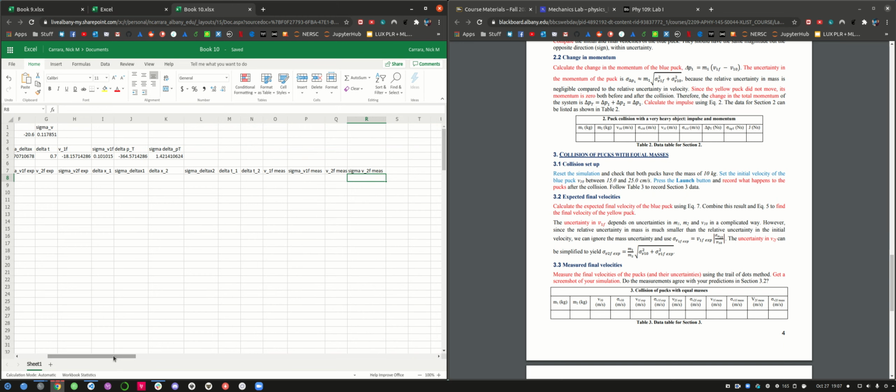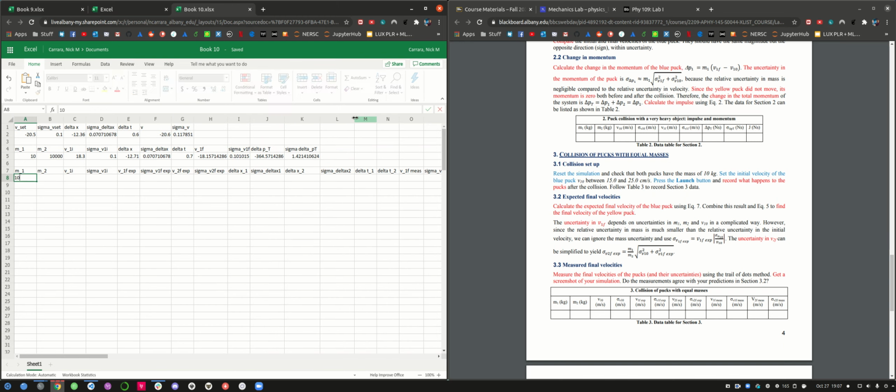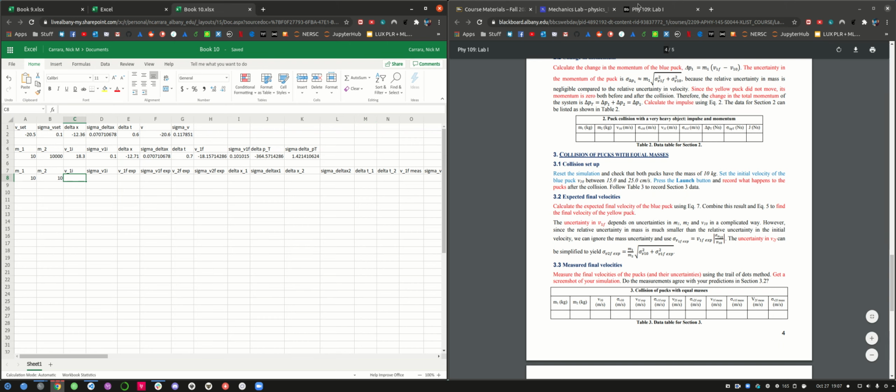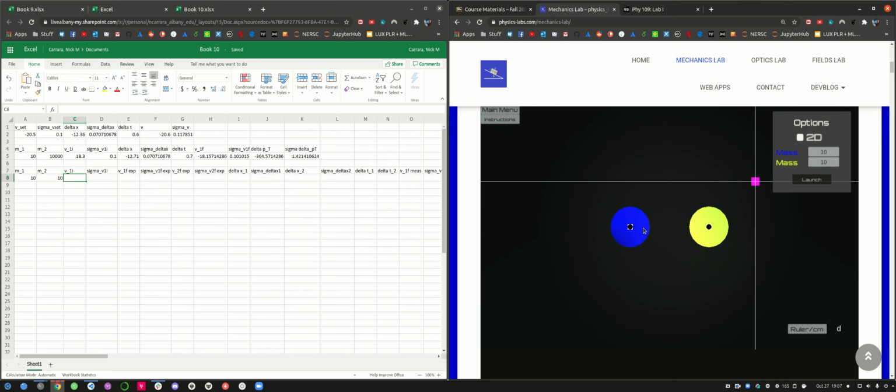Okay, so in this case, these guys are going to start with the same mass, and what's going to happen is this puck is going to hit this one and transfer all of its momentum to it. So this one is going to stop, and then this one is going to move at the same speed that this one originally had. And again, we want to pick something between 15 and 25. So I'm just going to pick 22.5, 0.1 uncertainty.